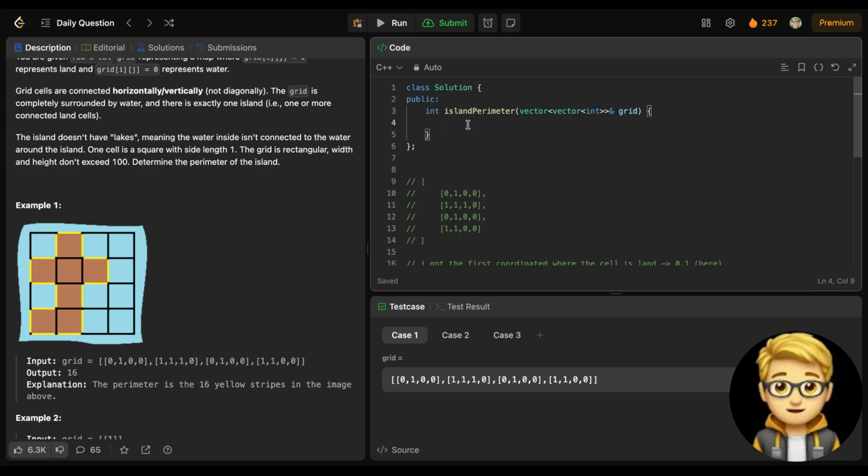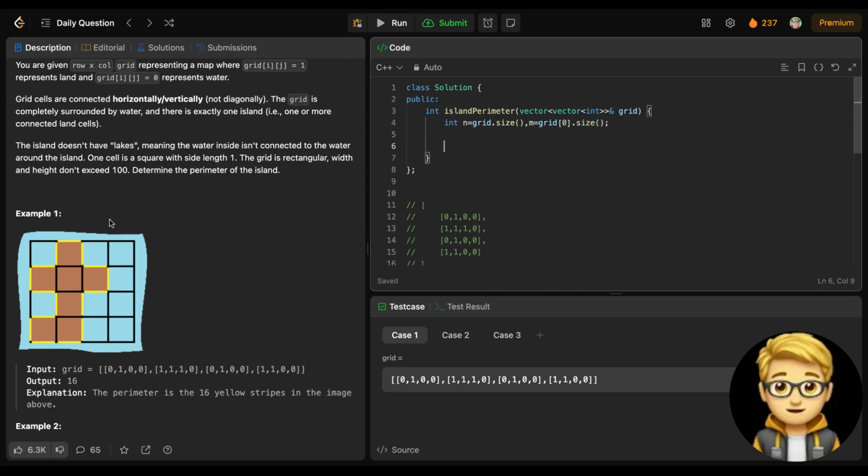So what we do, we will first find the starting point. So how did I get this approach? I need to find the land, that is, how many cells will be considered as land.